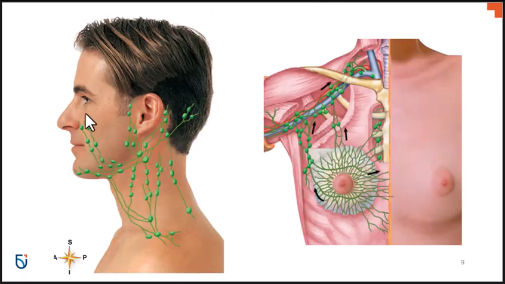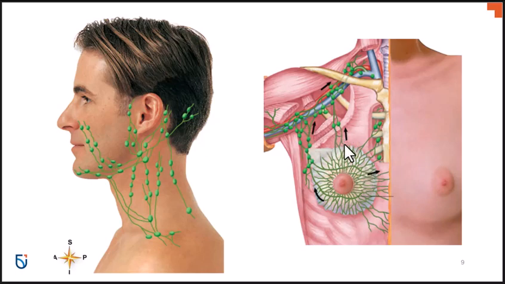In this image, it's showing you some of the dense quantities of lymph nodes that are present. So head and neck area, and then this is the axillary region. This clinically is very important for breast cancer and spread into lymphatic tissue.